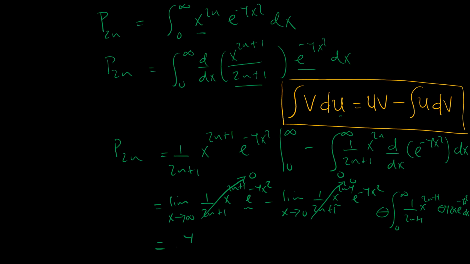So we have y over 2n plus 1, 0 to infinity. This x, maybe we can even pull the 2 out. There's this 2 here. And then this x times this x, we get x to the power 2n plus 2, e to the power negative y x squared dx, and this is P2n.